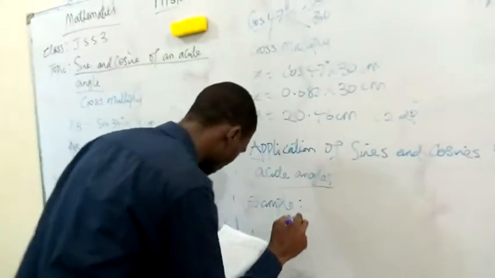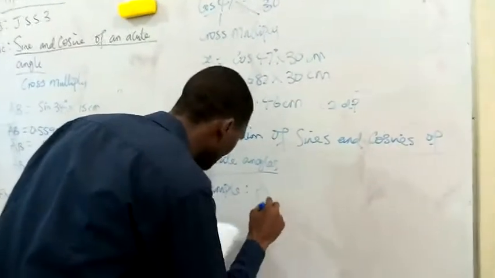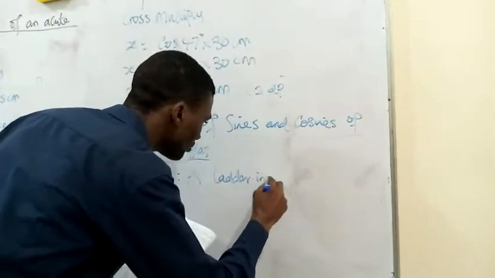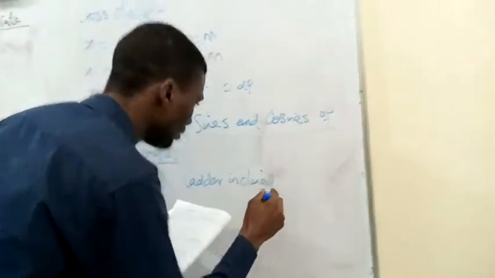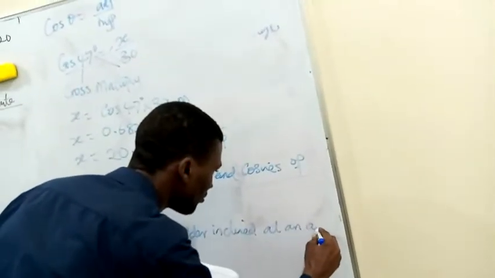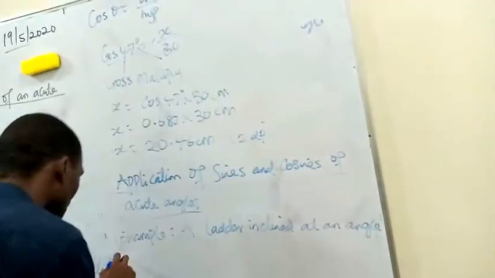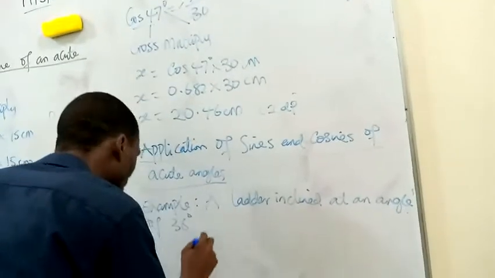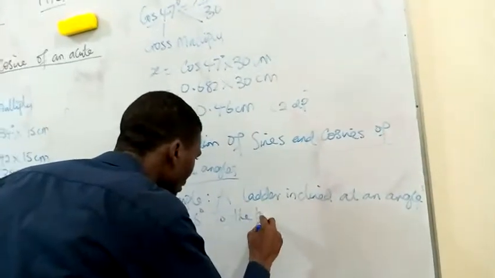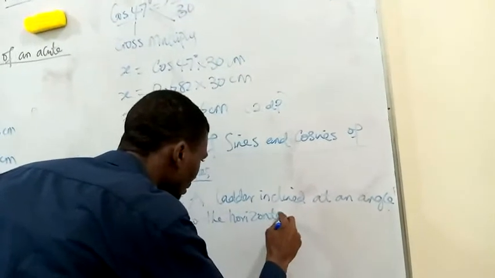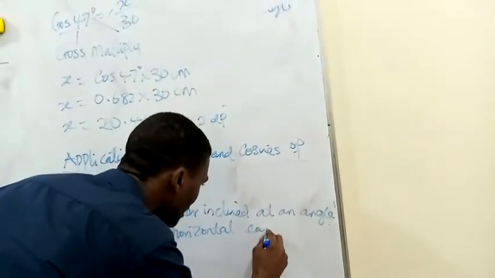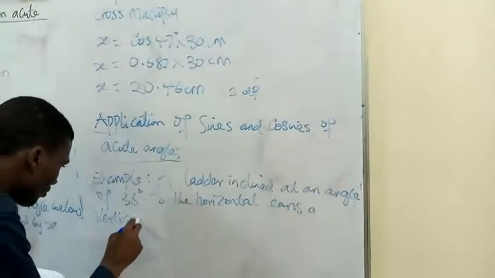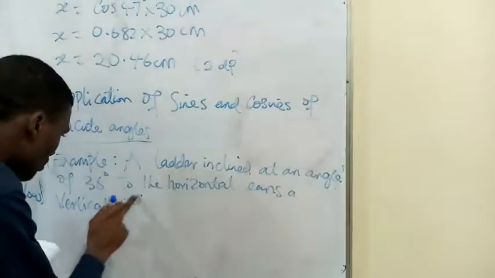A ladder inclined at an angle of 36 degrees to the horizontal leans against a vertical wall, vertical pole, rather.